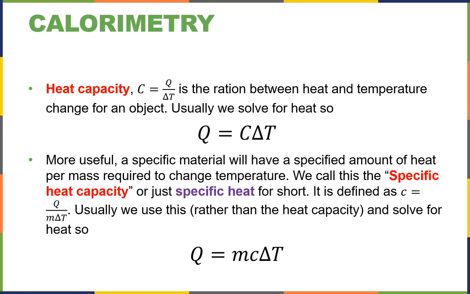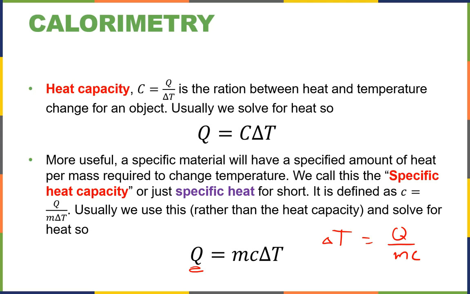And so if I have water and I put some amount of heat Q in, the change in temperature is going to be that heat added over MC. And if I remove heat, what's going to happen to the temperature? It decreases.